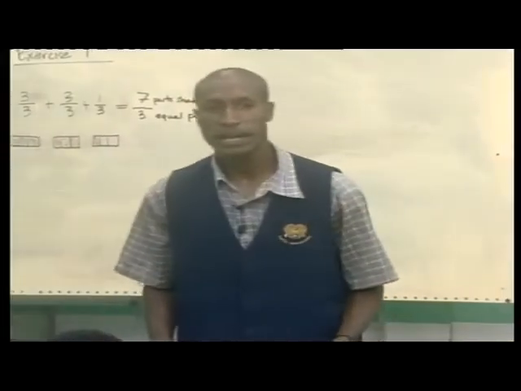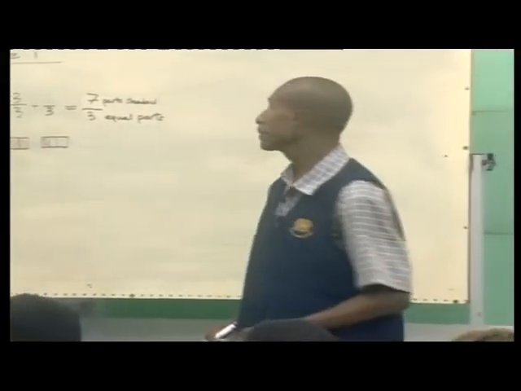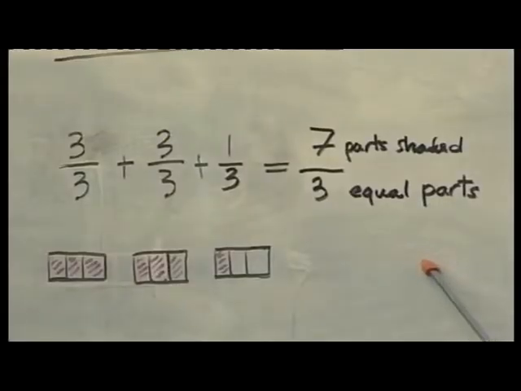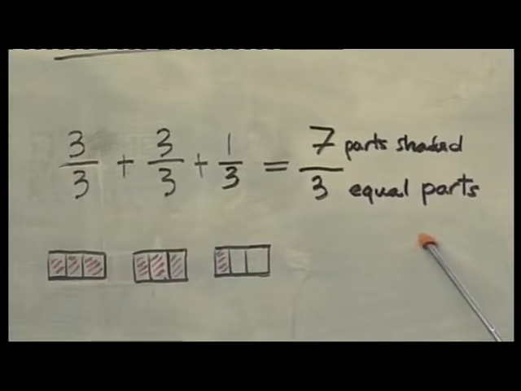So, students, what is the improper fraction? 7 over 3. So, the improper fraction for the mixed number 2 and 1/3 is 7 over 3.